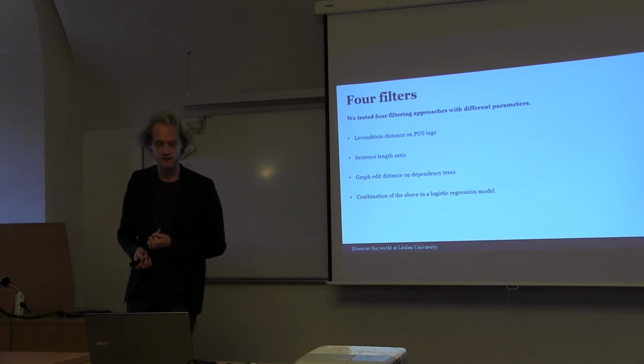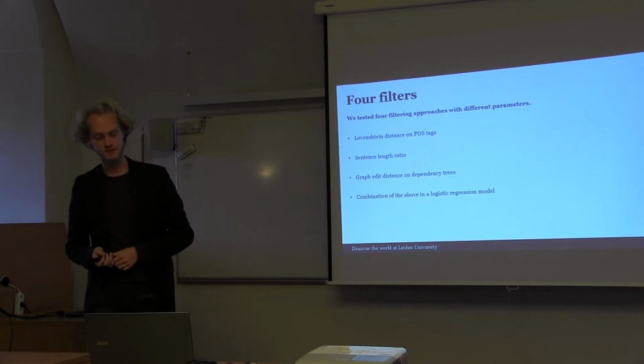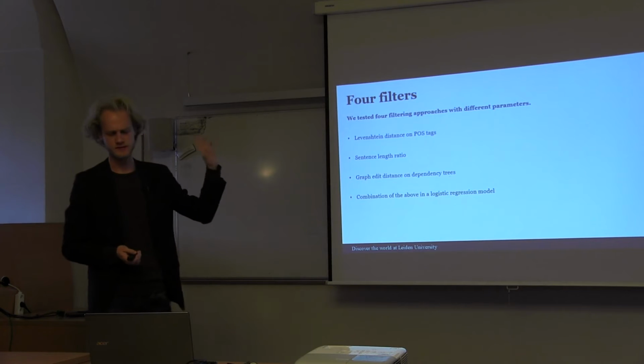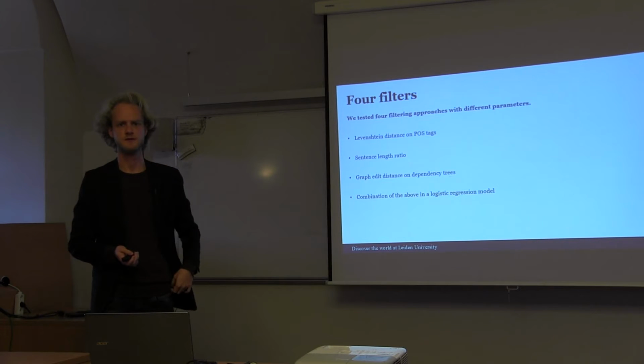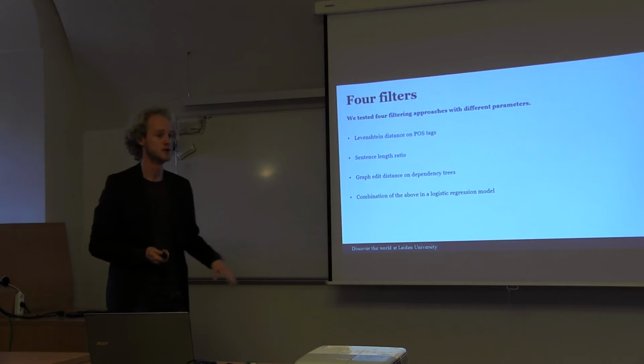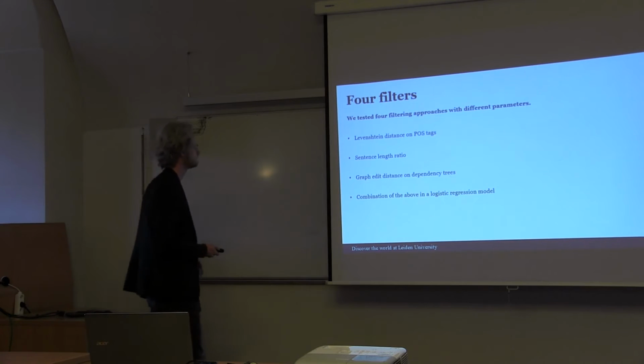We looked at the graph edit distance on dependency trees, and we looked at a combination of the 3 in a logistic regression. And also, and I won't talk about this today, we also looked at doing things with word embeddings and word vectors to see if they are the same, but it really did not work above chance level at all, so I left it out.